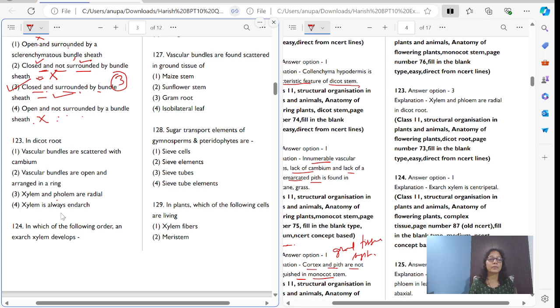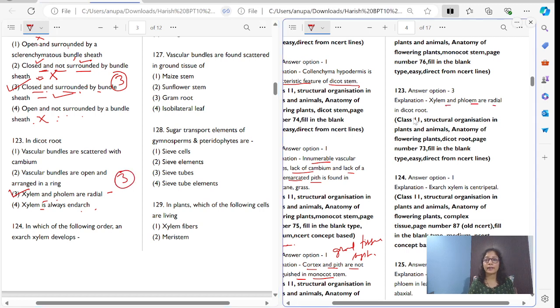And the fourth one is xylem is always endarch. So the correct answer is xylem and phloem are radial. In dicot root, the xylem and phloem are radial, and xylem is always exarch and not endarch. So the correct answer for this question will be option number 3. Xylem and phloem are radial in dicot root.